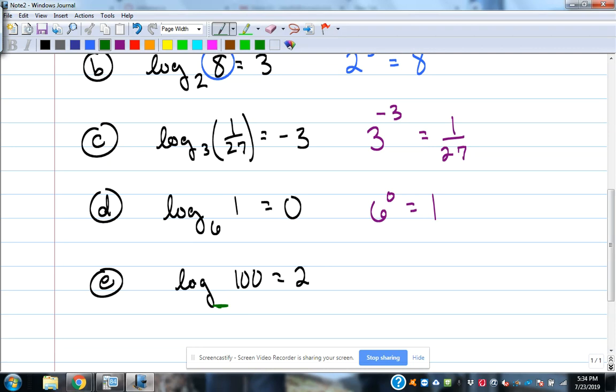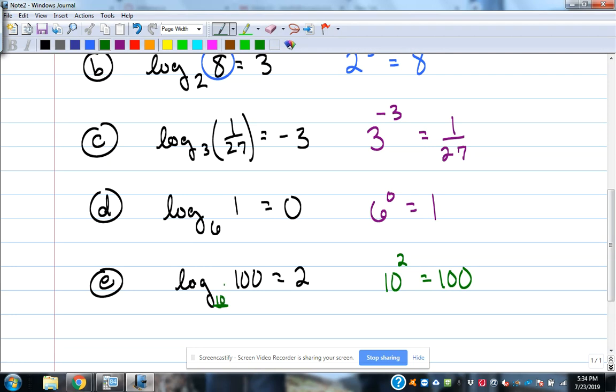They don't write it there. So if it's plain log like that, what to the second power is equal to 100? What squared is 100? 10, right? 10 to the second power. The common log, plain log, is log base 10.